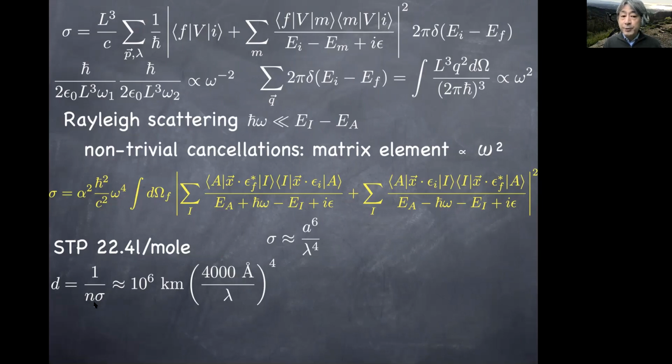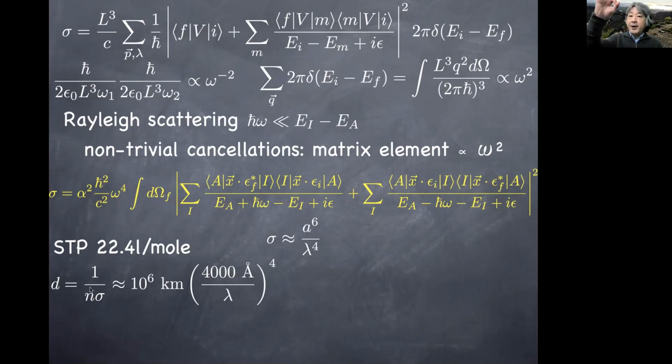So the probability to hit any of these targets would be the number of targets times the area of each target, that's this n sigma in a unit volume. So that tells you how far you would travel to hit any one of these targets, and so that would tell you the mean free path of the photon in this case.